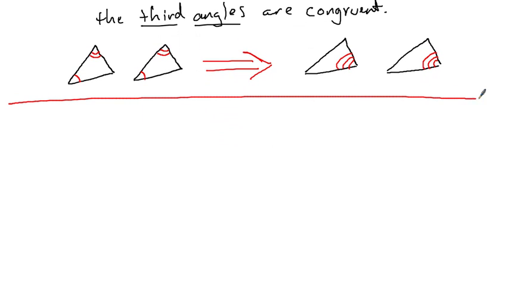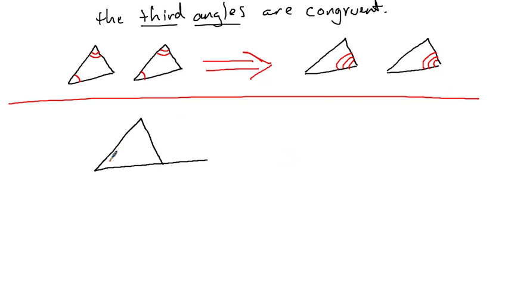Okay, now we're going to do a little bit of vocabulary, but it's going to be based off a picture. We're going to draw a triangle, and we're going to extend the bottom of it a little bit past that angle. So we'll get a little picture like that. Okay, then we're going to number some angles.